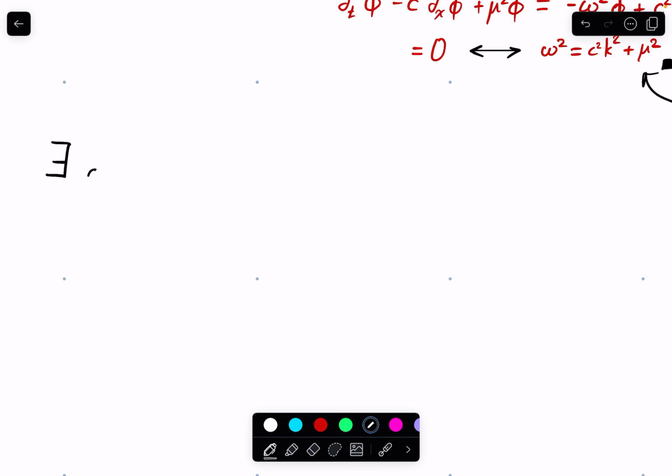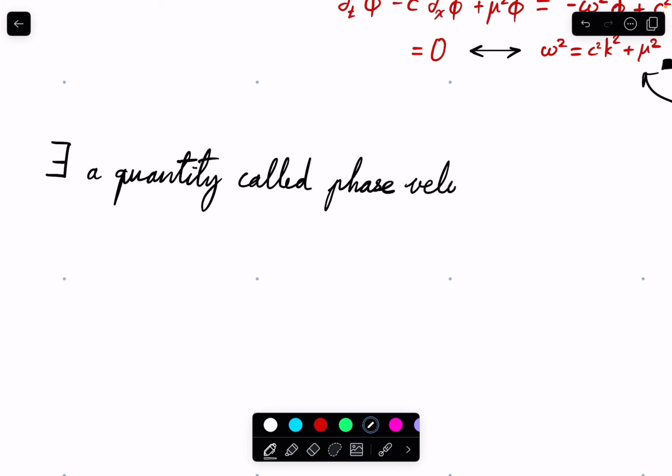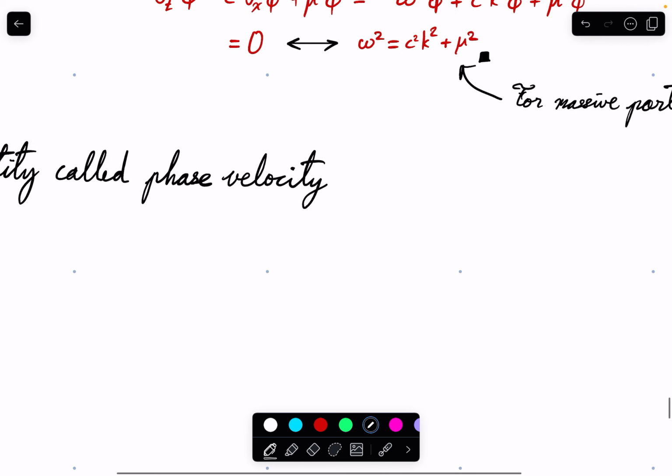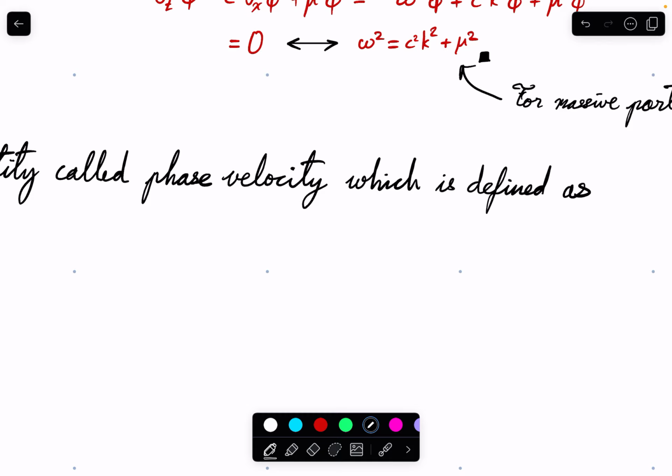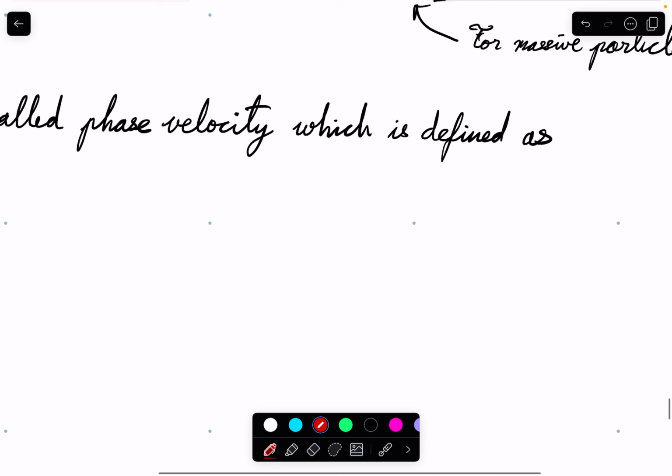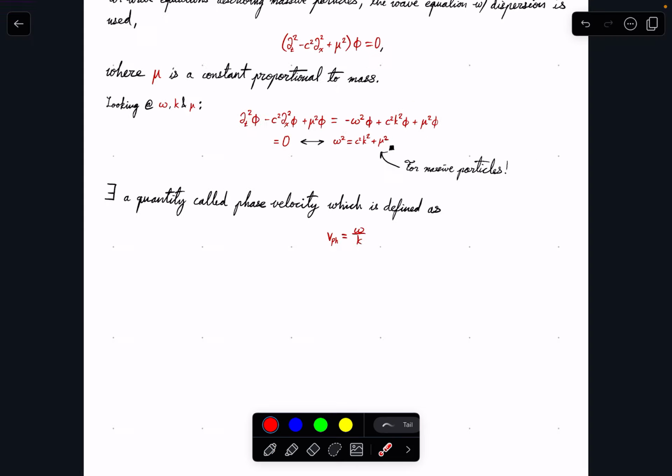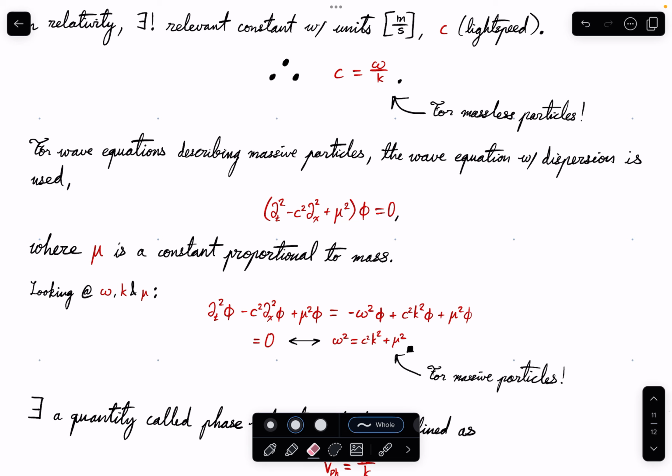There exists a quantity called phase velocity, which is defined as the phase is equal to omega over k, which looks familiar, and it should. It's what we have up here.